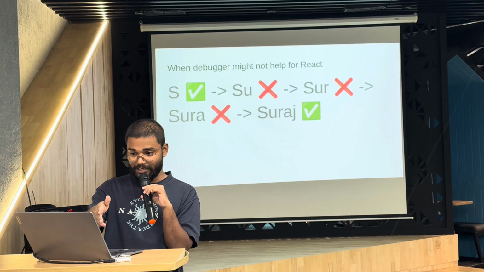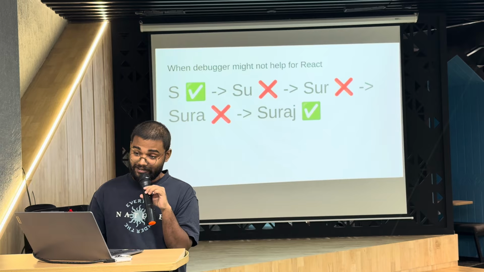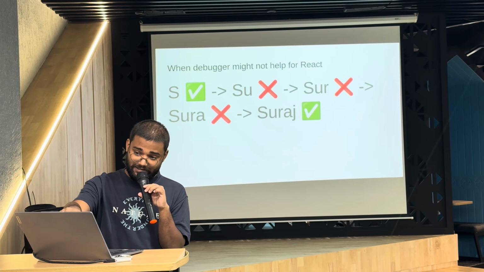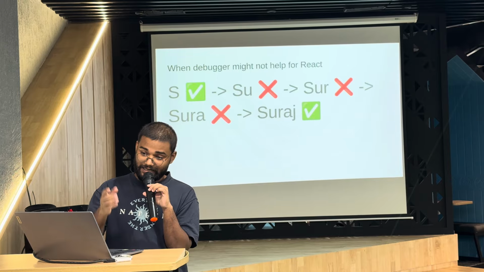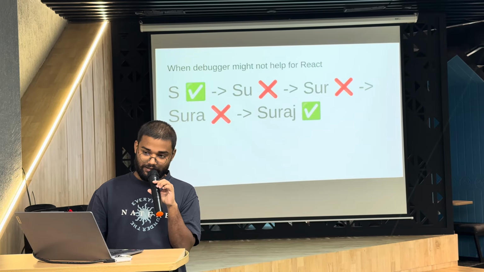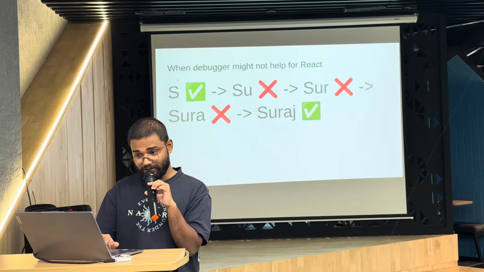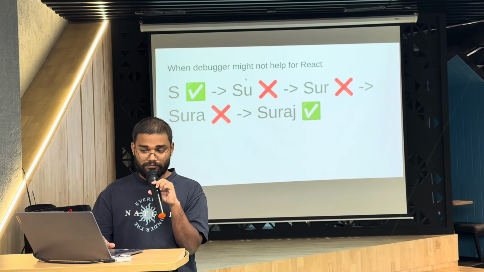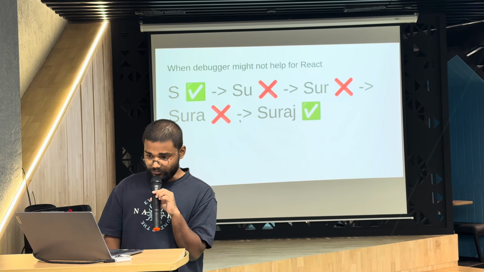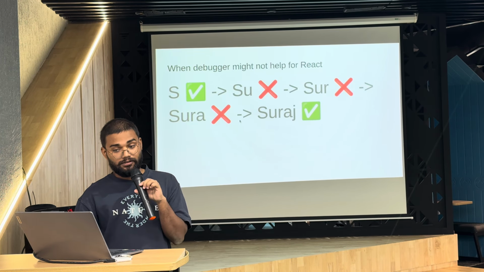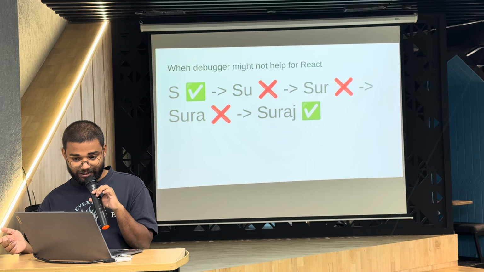But when I type all of the other ones, let's say I'm faster, it will actually skip all of those calls for intermediate values. So you might not be interested in debugging the intermediate actions, effects for these. That's where debugging doesn't help you.